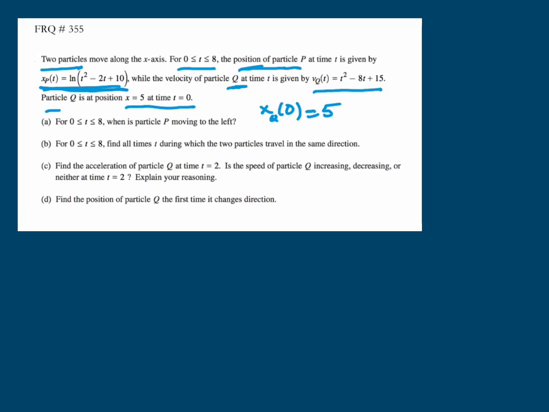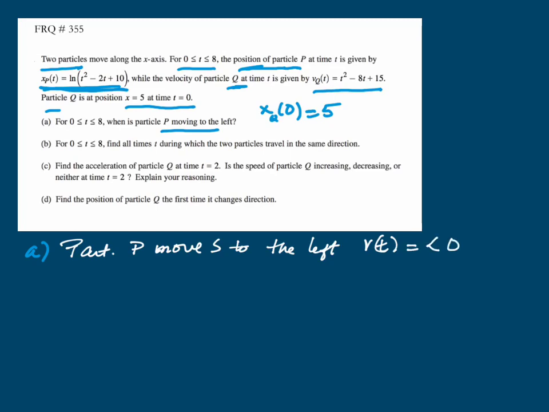Part A says for 0 to 8, when is particle P moving to the left? So for A, particle P moves to the left when v of t is less than 0, right? When the velocity is less than 0. We do not have particle P in terms of velocity, so we have to take the derivative of the position function.